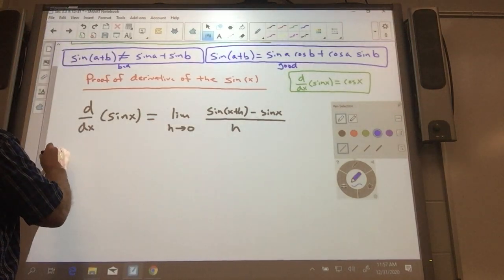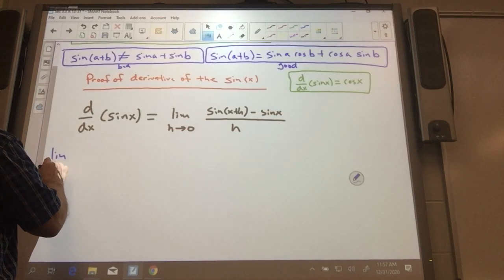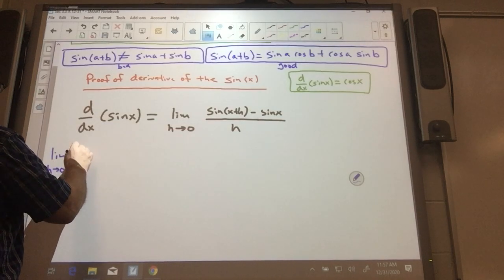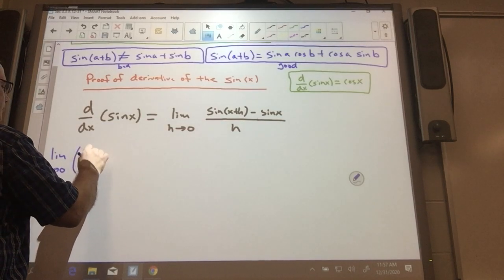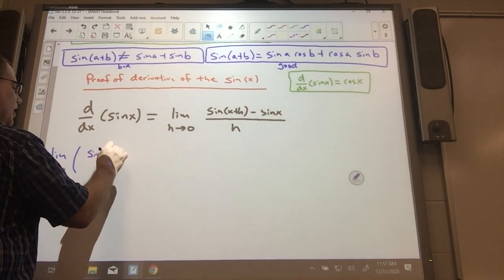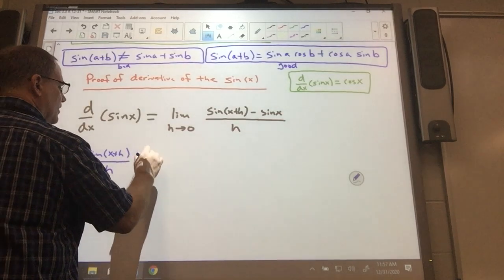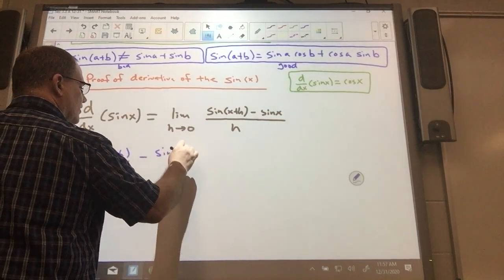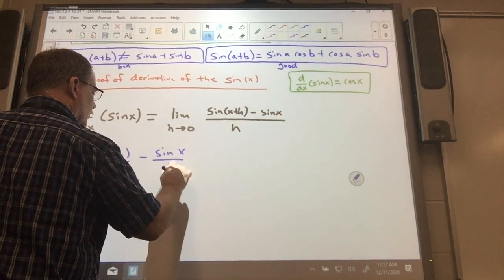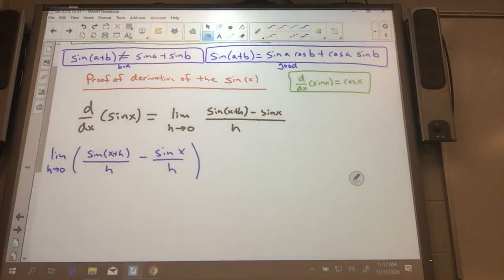So this is the limit as h approaches 0 of the quantity, the sine of x plus h all over h, and then minus the sine of x over h. Nothing magical going on there. I took a single fraction and broke it down into two separate fractions.